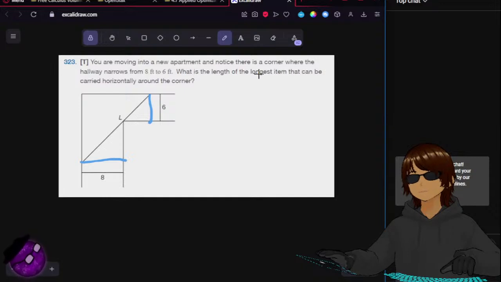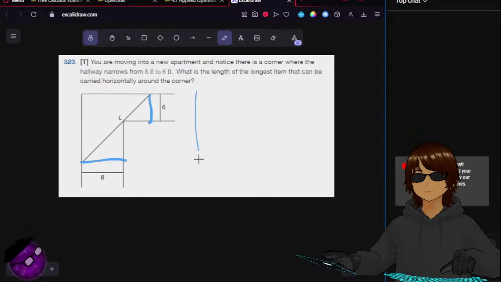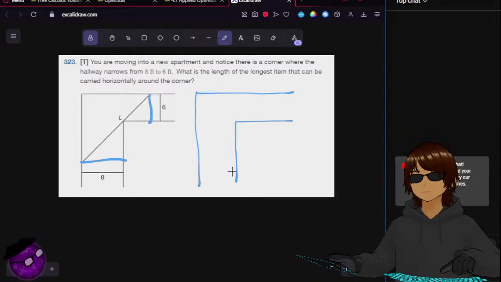This is the longest item that can be carried horizontally around the corner. Can carry this around the corner.